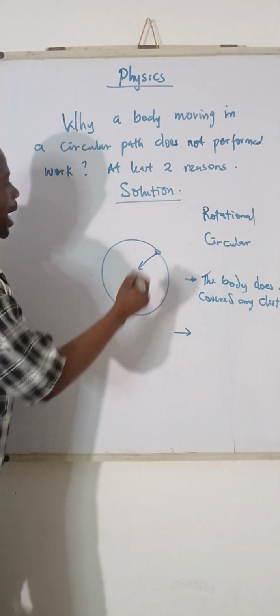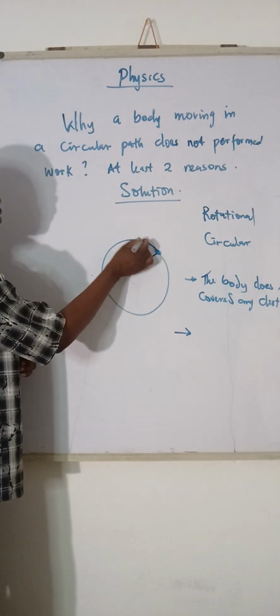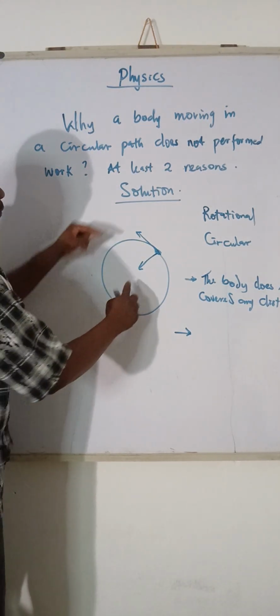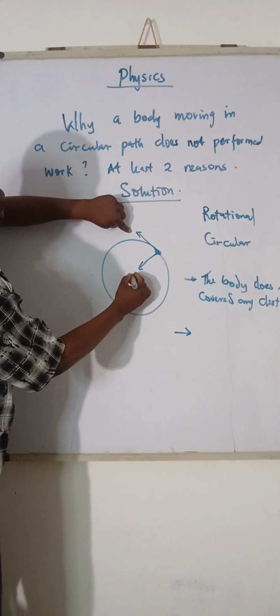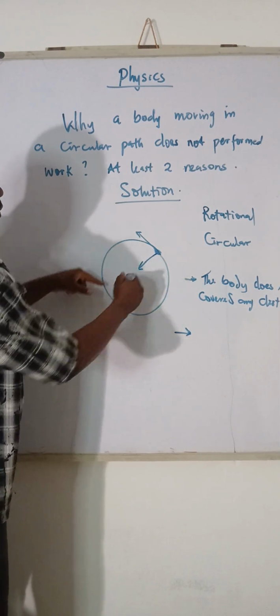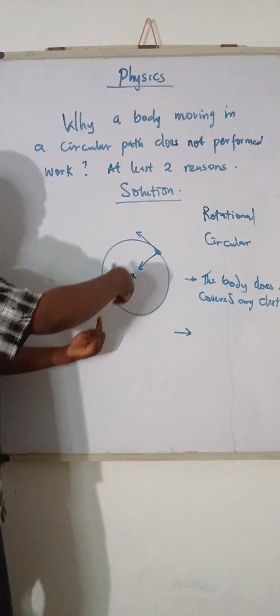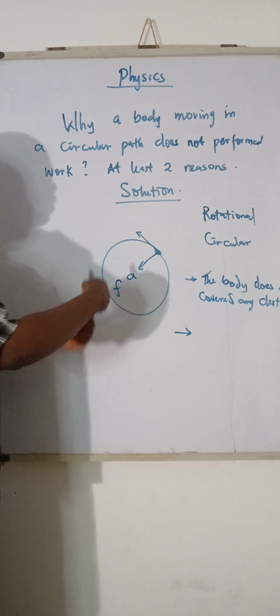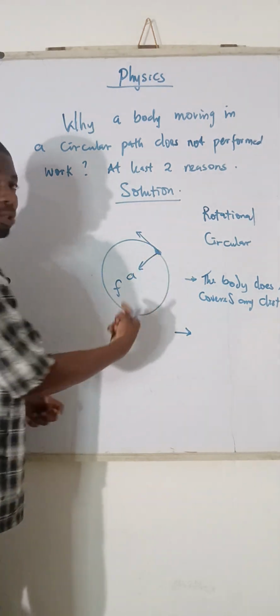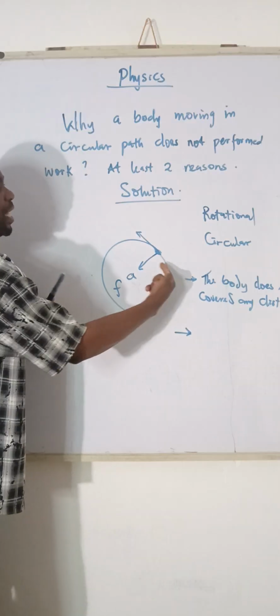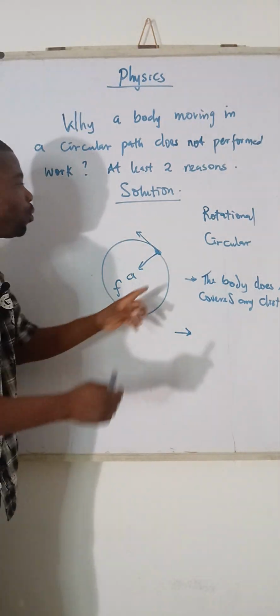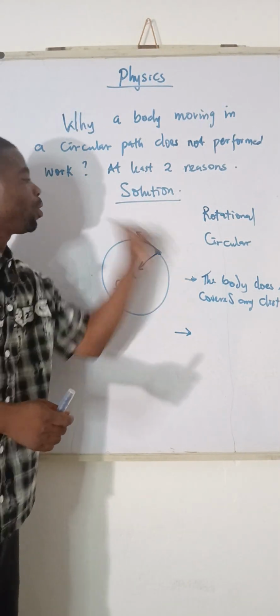And the body is about to move like this. Can you see the difference? If you look at the arrow, the centripetal acceleration or centripetal force is moving inward, but the body itself is moving as if it wants to go tangential to the circle.